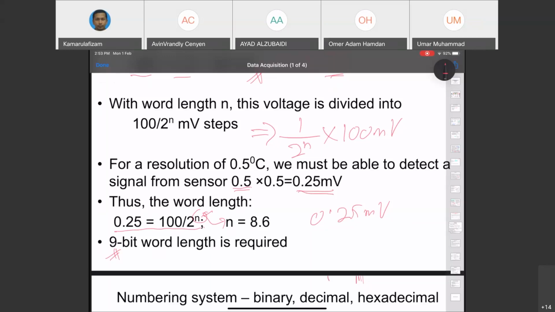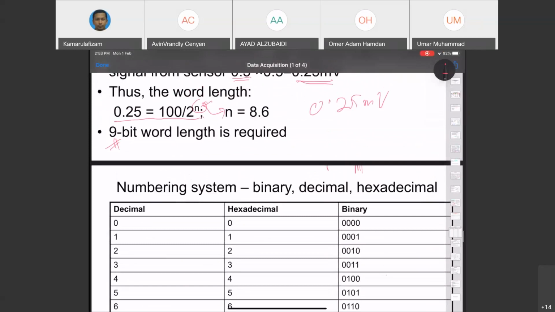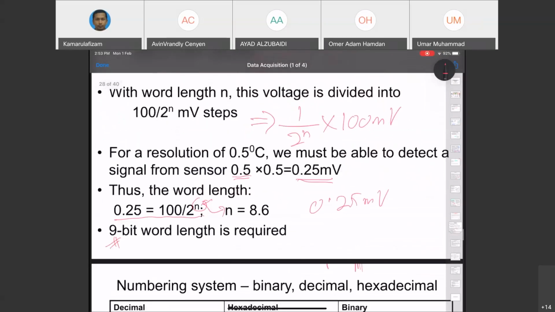Okay. You all faham tak? Did you get this, guys, or do you have questions? So this is the smallest unit that we have to detect out of 100 millivolts. Of course, you can always use this formula to find the number of bits required.